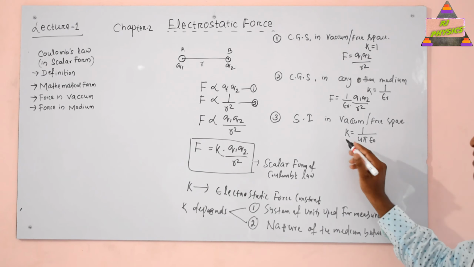And finally, if the system is SI and the medium is anything other than free space or vacuum, then K is equal to 1 by 4 pi epsilon naught into epsilon R. So F is equal to 1 by 4 pi epsilon naught into epsilon R into Q1 Q2 divided by R square.